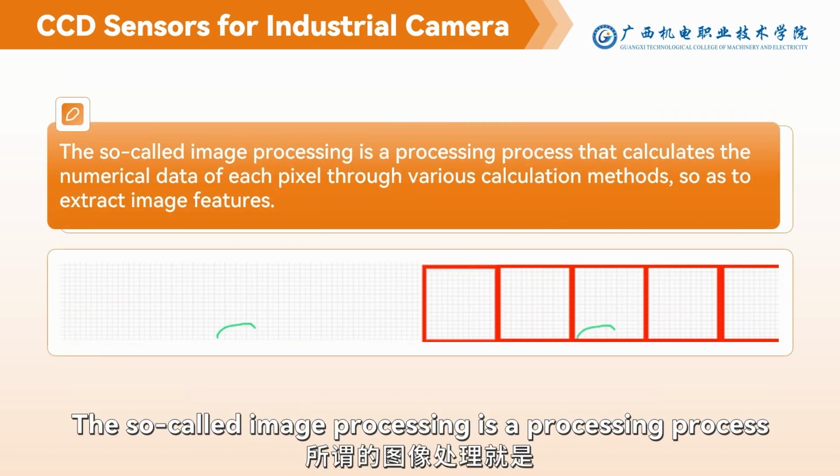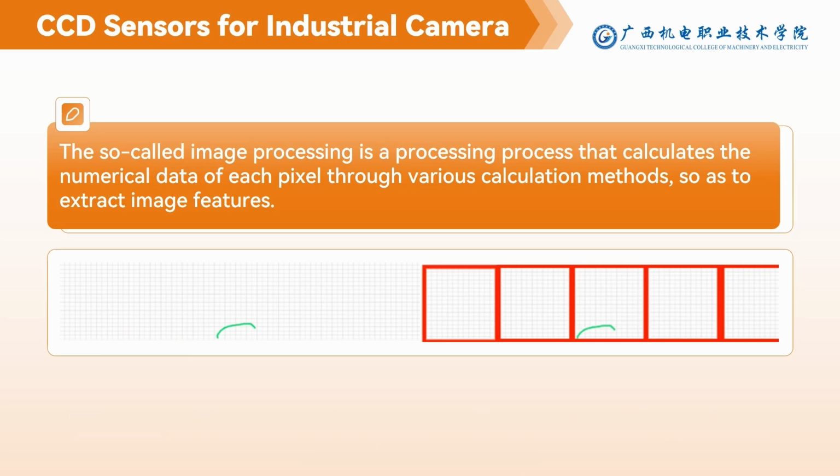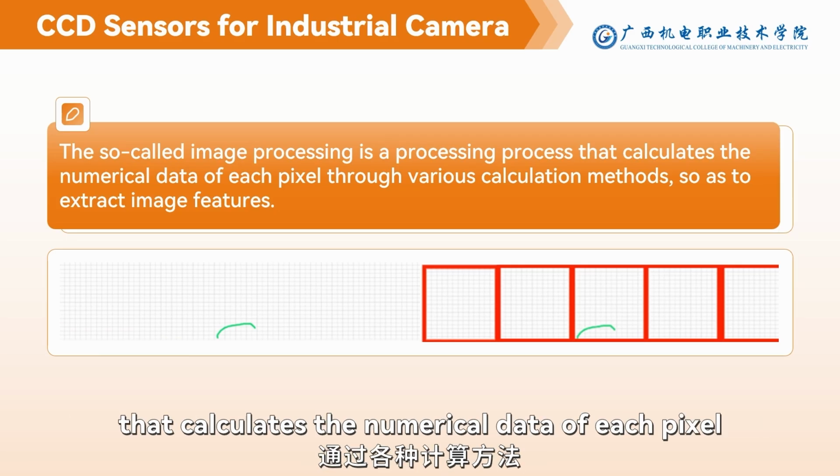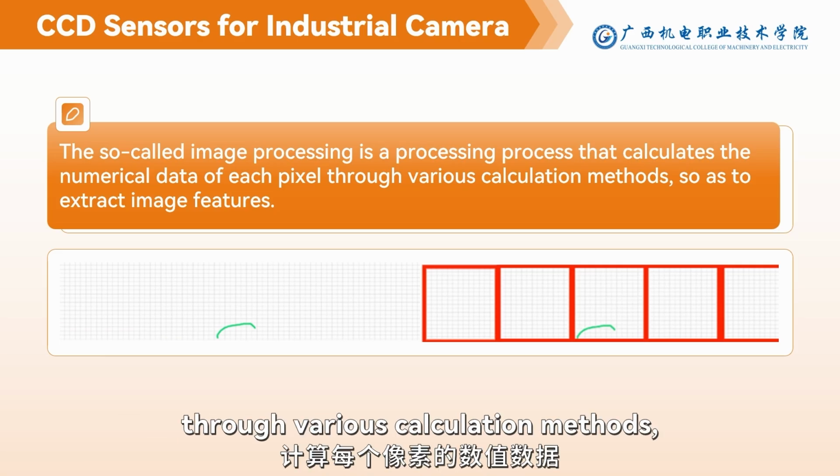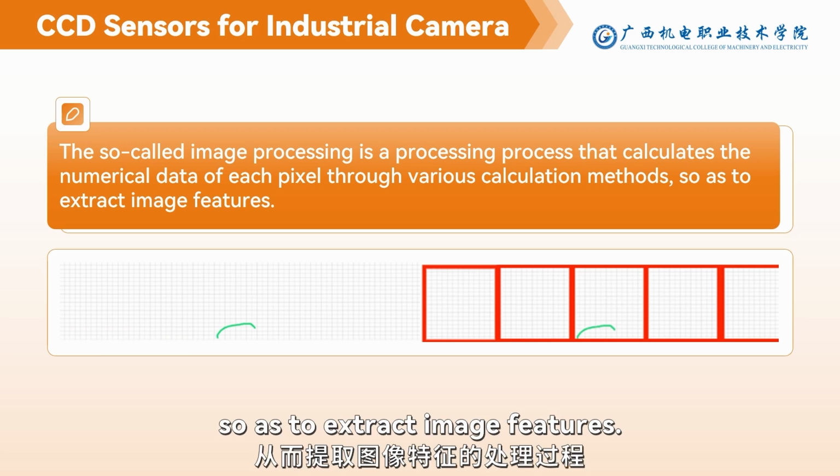The so-called image processing is a processing process that calculates the numerical data of each pixel through various calculation methods so as to extract image features.